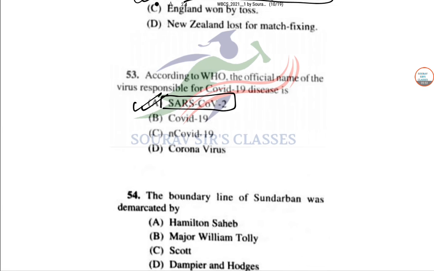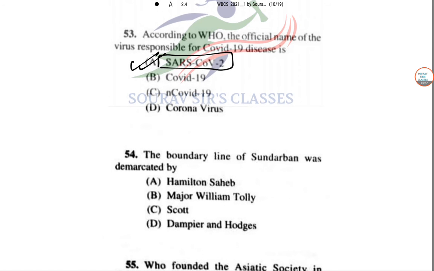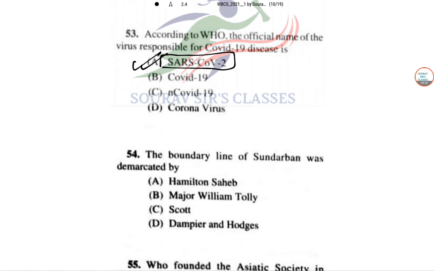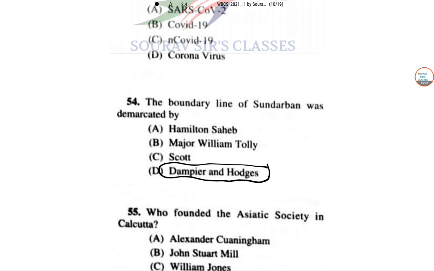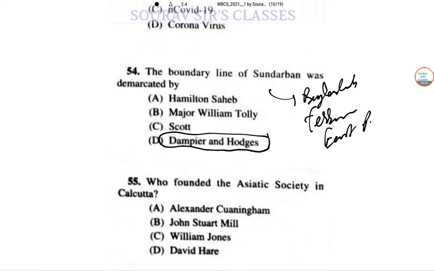So 53 is A. The boundary line of Sundarban was demarcated by Dampier and Hodges. Dampier and Hodges were the two persons responsible for this, and it was also associated with the Bangladesh territory, at that time East Pakistan.